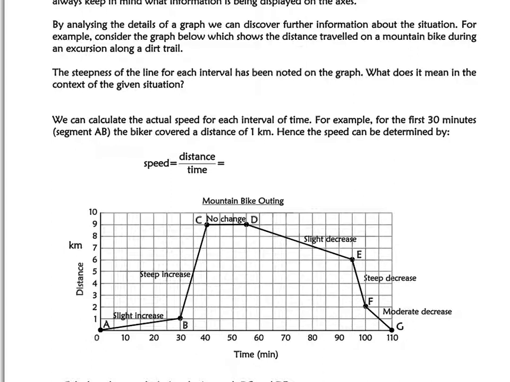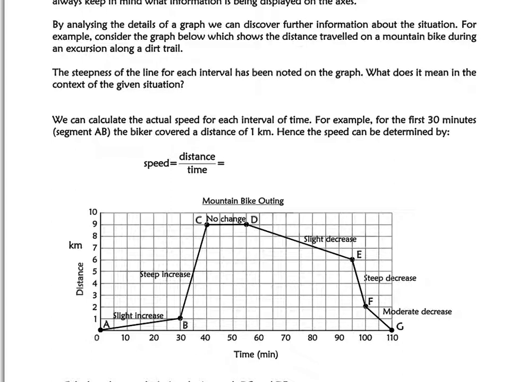Each line segment indicates a change in distance as the line goes up or down over a change in time. You should know from science that a ratio of distance over time represents speed.